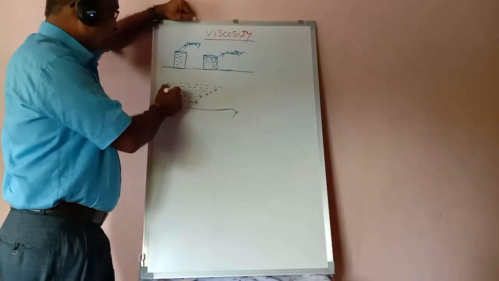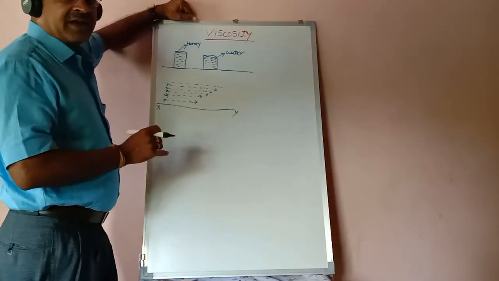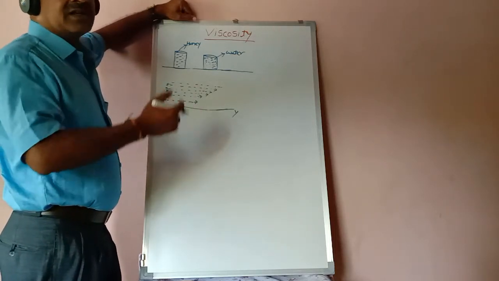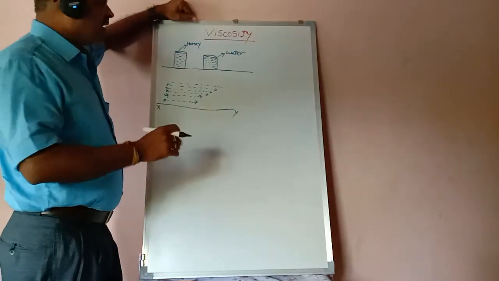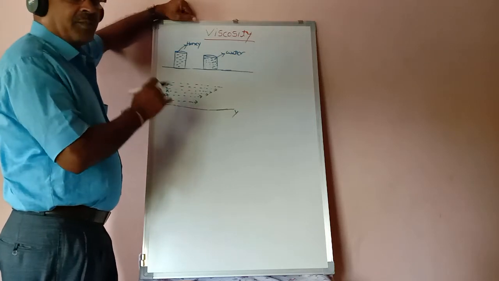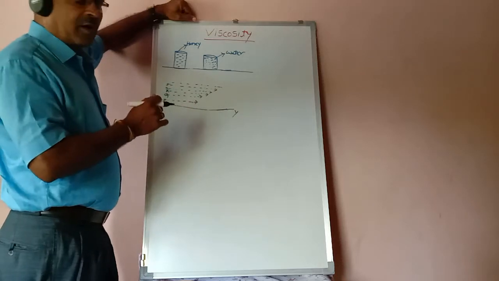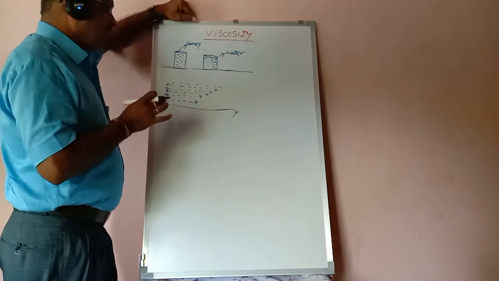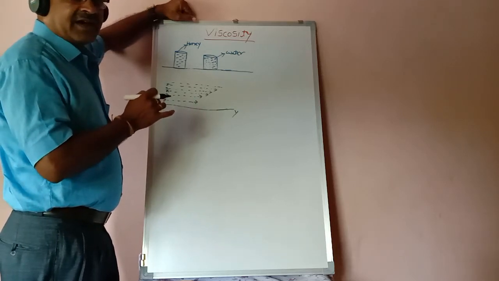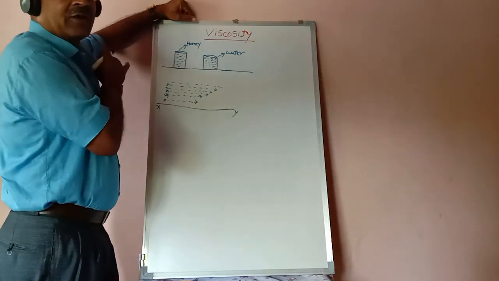The motion of one layer is opposed by the adjacent layers of the liquid, or in other words of the fluid. So this is opposition to the flow of the adjacent layers of the liquid.